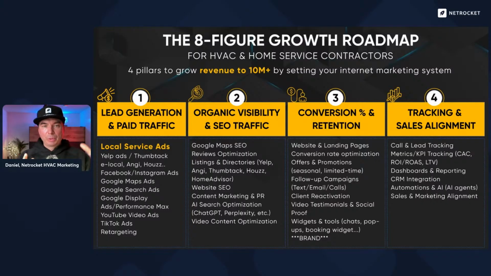The first pillar we need to build is lead generation and paid traffic. This is everything related to lead generation, where we pay for leads or pay for traffic. It's local service ads, Yelp ads, eLocal, Networx, Home Advisor, Google Maps ads, search ads and display ads, everything that's in ads. Then organic visibility is number 2.